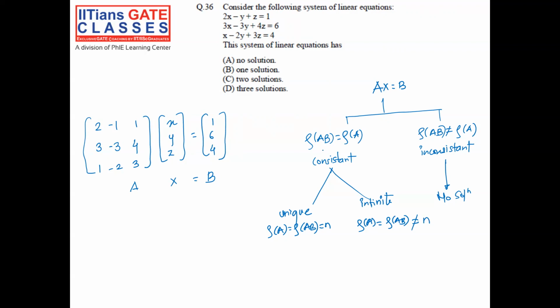So the first step we'll be doing here is creating the augmented matrix AB. So I'll go to the next slide. 2 minus 1, 1, 3 minus 3, 4, 1 minus 2, 3.